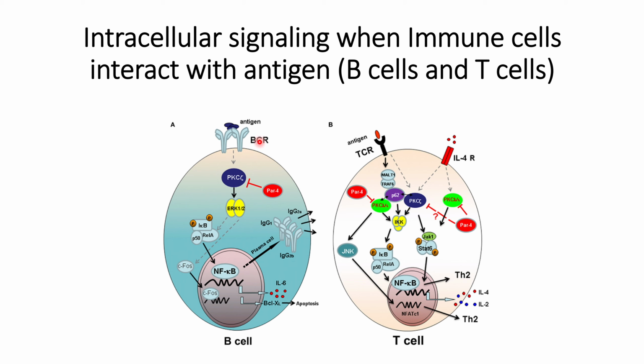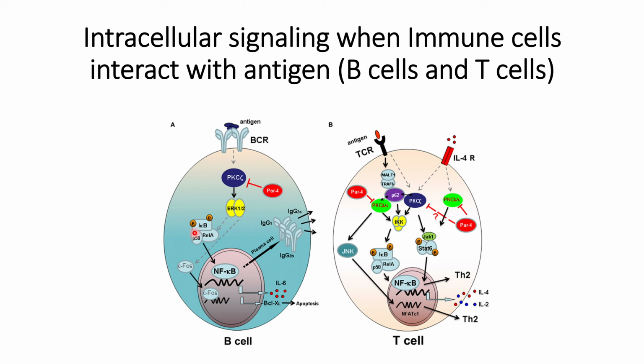So we will start with the B cell receptors. In B cells, when the antigen interacts with the B cell receptor, it triggers a signaling pathway, PKC zeta, which leads to the activation of ERK1/2. ERK1/2 causes phosphorylation of the IKK beta pathway, and that helps in complex formation, that is P50, RelA and phosphorylated IκB.